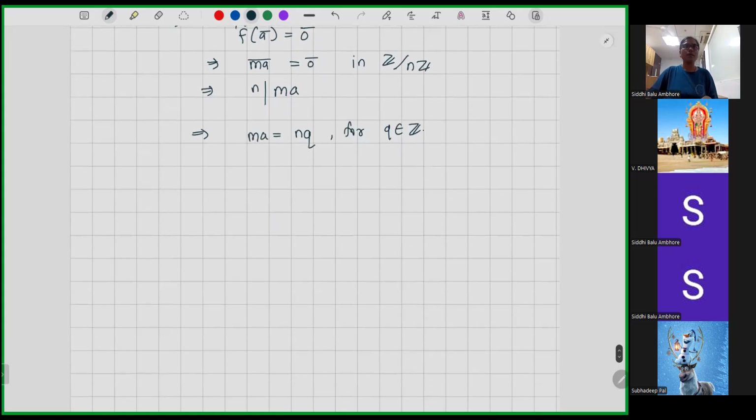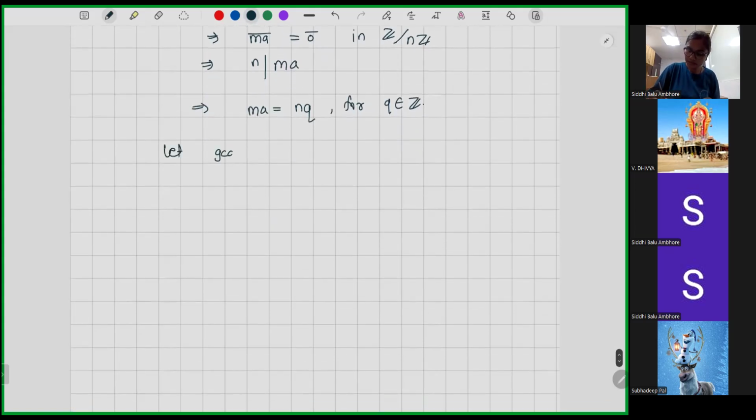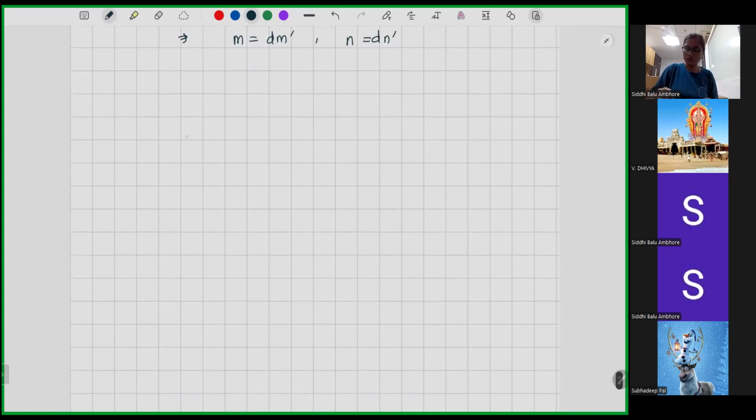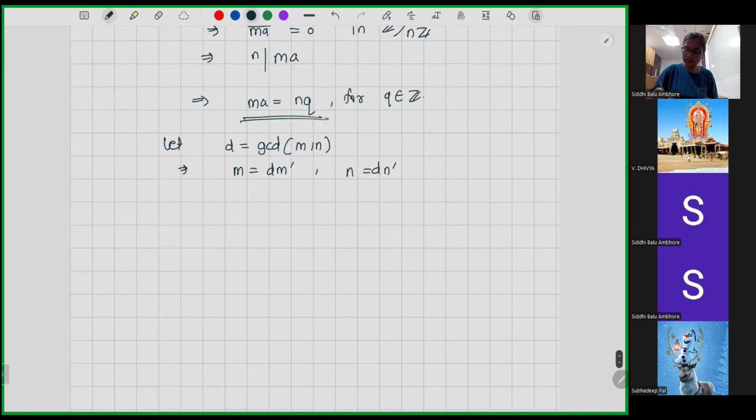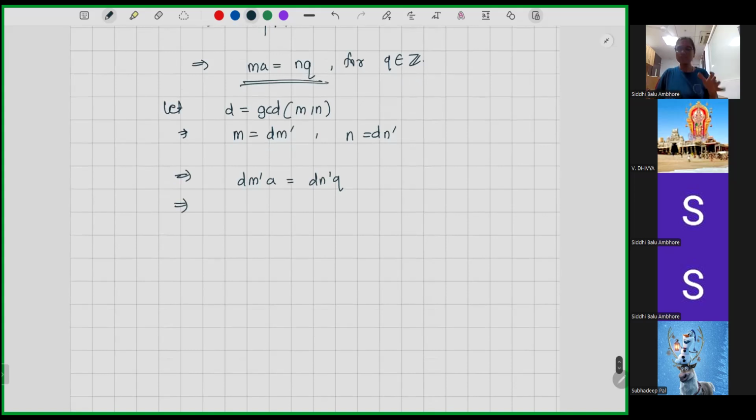Okay, so let D be equal to the GCD of M comma N. Then M is Dm dash and N is Dn dash. So from this equation, I get Dm dash A is equal to Dn dash Q. Since D was the GCD, I can remove it, and we still get that M dash A is equal to N dash Q with GCD of M dash and N dash being 1.